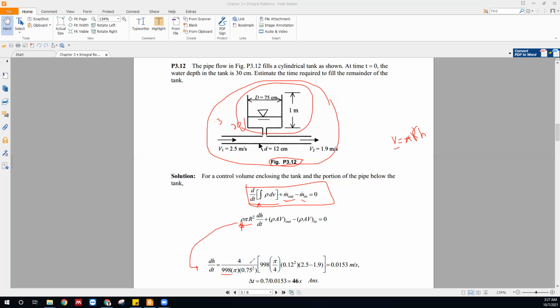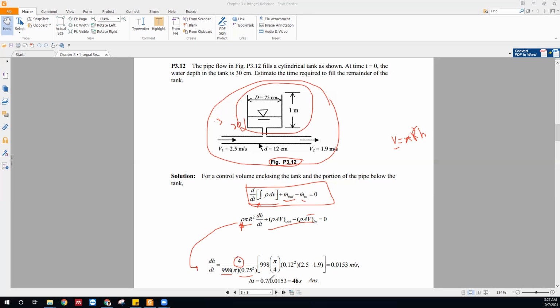Here r square is d square by 4, that's why you see this 4. So d means 75 centimeters, which in meters is 0.75 square, multiplied by these two terms.